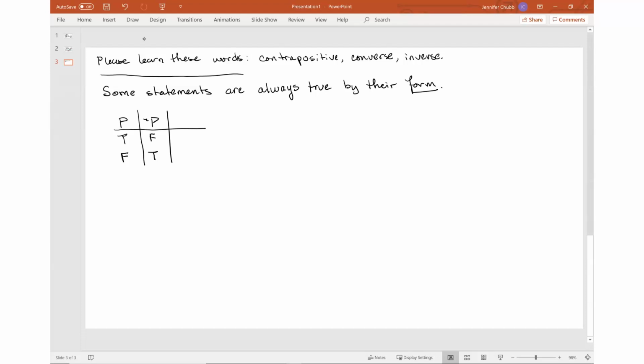So not P just flips the sign. And so P or not P says at least one of those 2 things has to be true. And when we have a statement like this, it's called a tautology. This is called the law of the excluded middle.